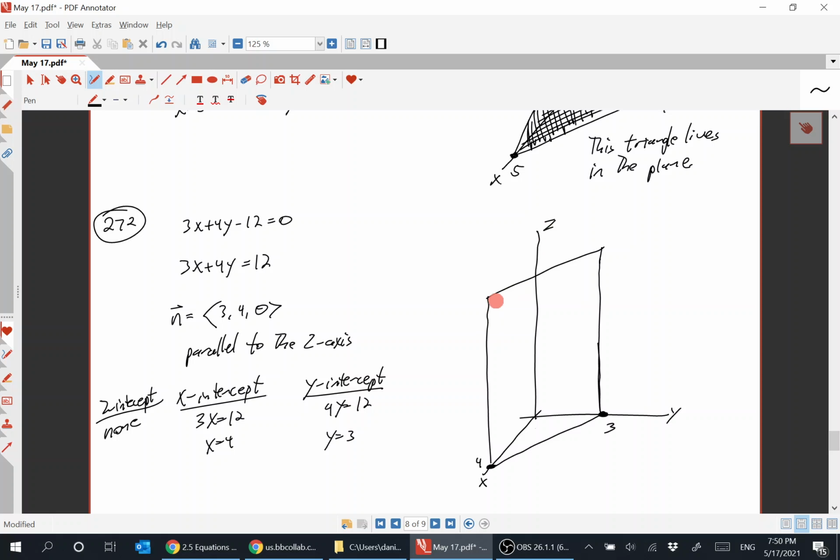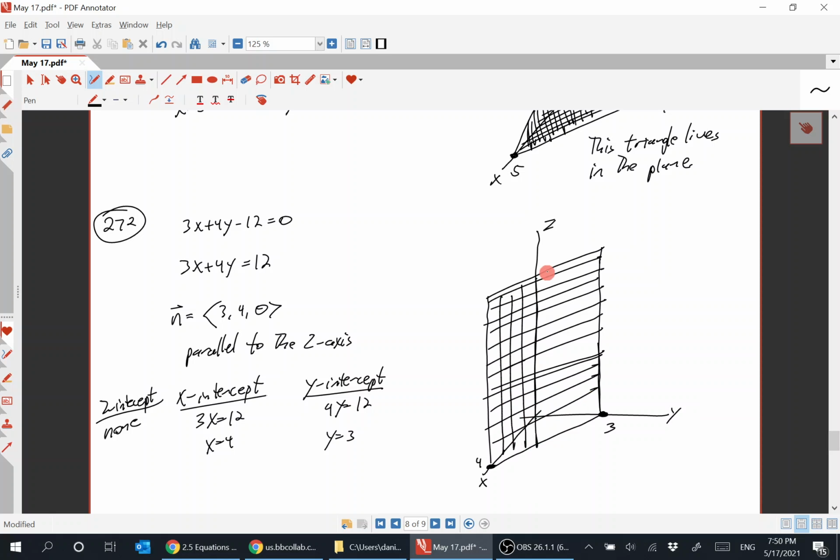The only way I'm going to avoid touching the z-axis is if I'm parallel to it. So that's that plane there: 3x plus 4y equals 12.